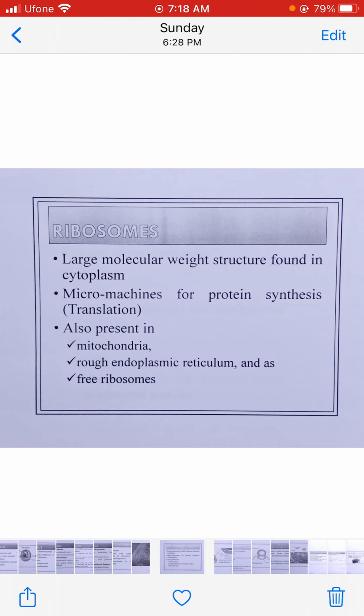Translation is the process where the different types of RNA are combined together to form the protein. These are also present in mitochondria, rough endoplasmic reticulum, and as free ribosomes.